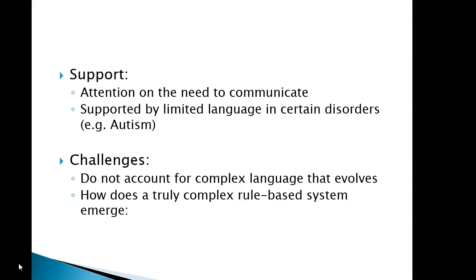Another support for this is if we look at certain disorders for which part of the primary premise of the disorder is a deficit in the social drive to communicate, like in autism, we do see much poorer language in children who don't have that social drive as a premise to their system.